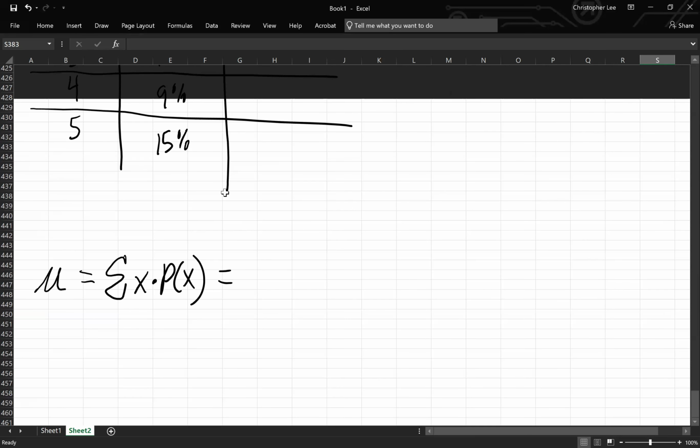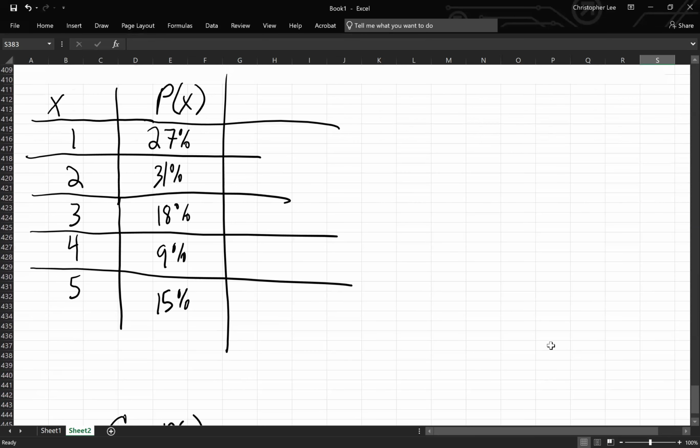So going back up to our table, I need a column called x times p of x. And what goes in this column? For the first one, you take the x number, which is 1, and multiply it times p of x, which is 27%, so that's 0.27.